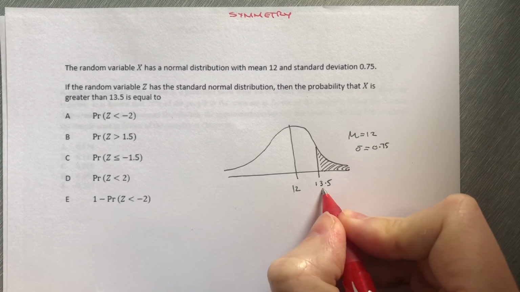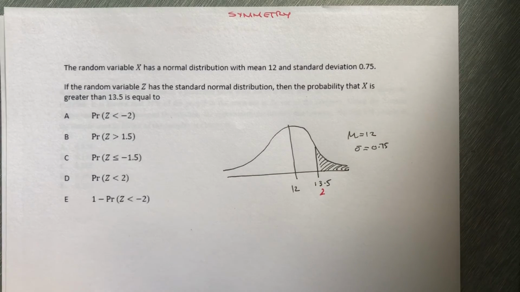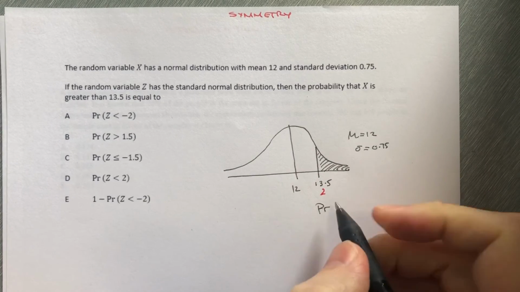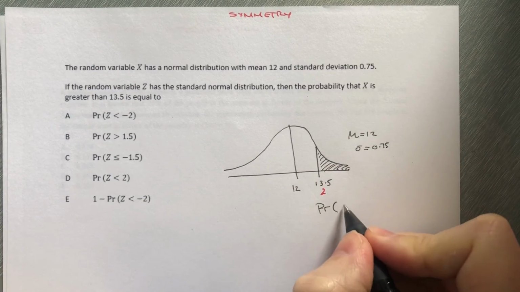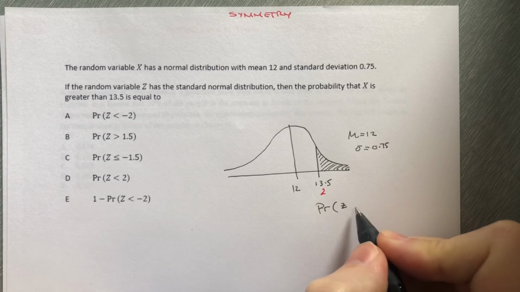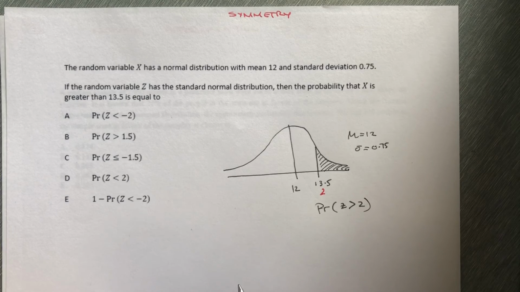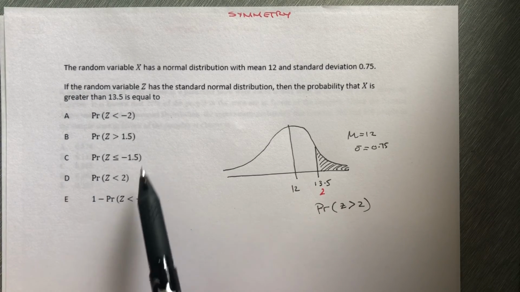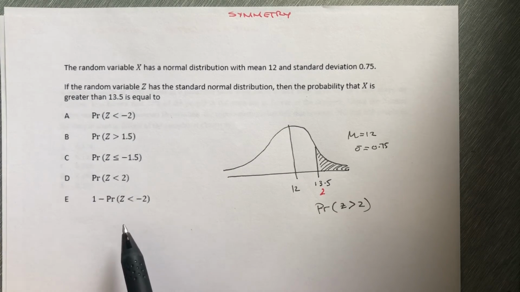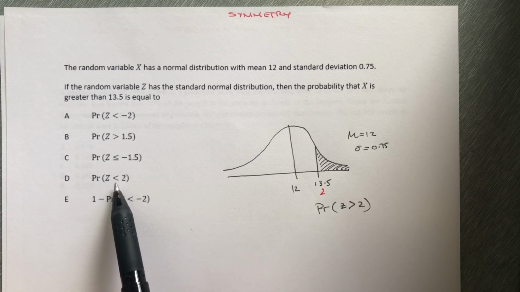So our z score there is 2. So we could say the probability that z is greater than 2 is what we're after. Now again, let's look over here. Is that there? No, it isn't. It has less than 2, but that's not what we're after.